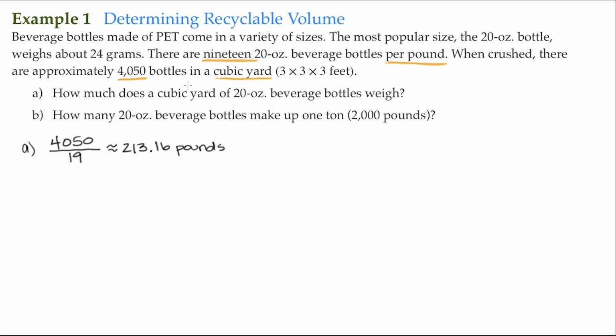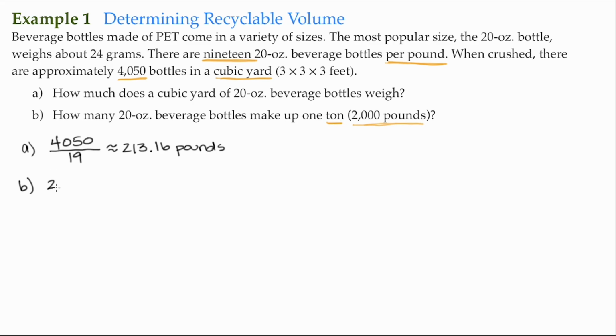So then B says, how many 20-ounce beverage bottles make up 1 ton? Well, if we know that there are 213.16 pounds in a cubic yard, then we could figure out how many cubic yards are in a ton. So 1 ton right here is 2,000 pounds. That's a ton.